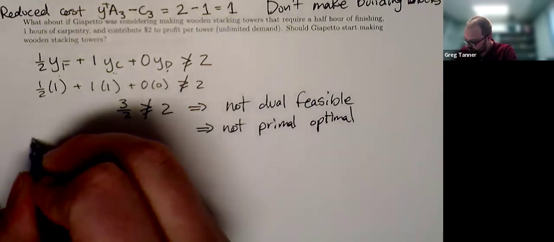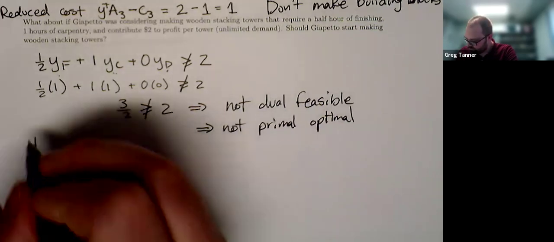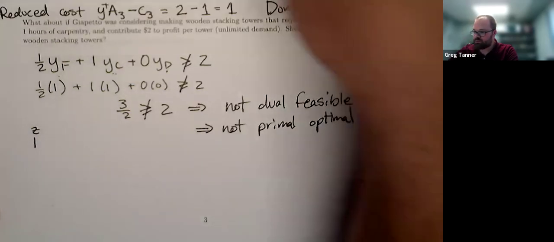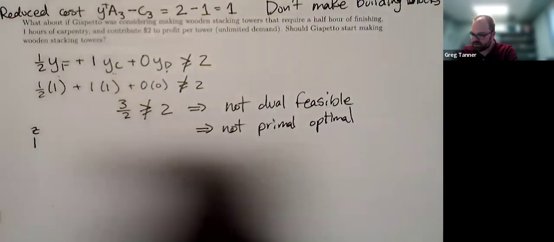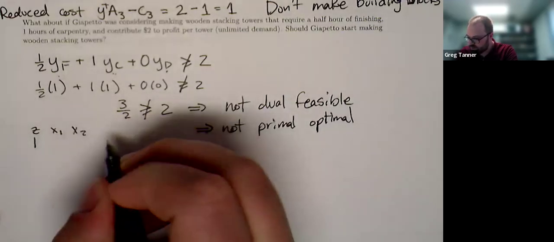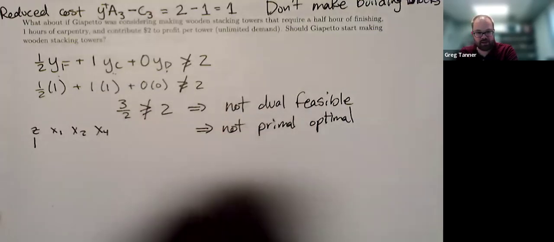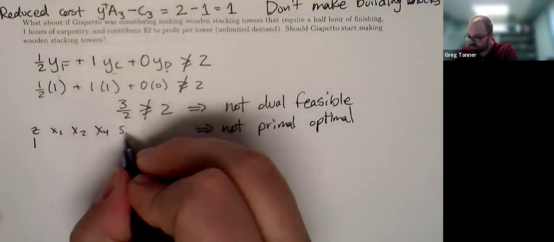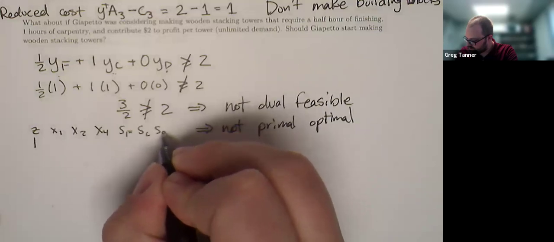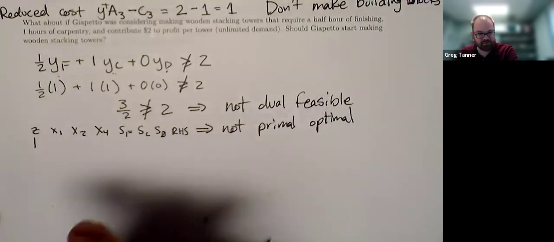Our objective row would be 1 for Z. Let's refer back to page 1. X1, X2, we'll call this X4, since we skipped over X3 because we got rid of it, and then SF, SC, SD, right-hand side. A little bit cramped because I want to have enough space here.